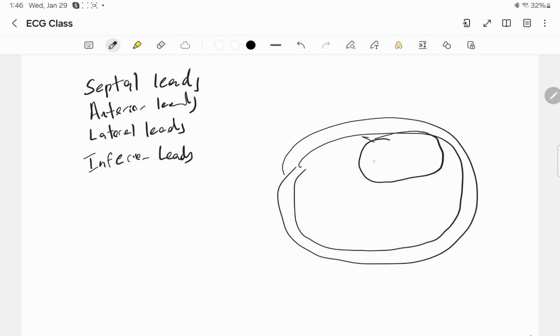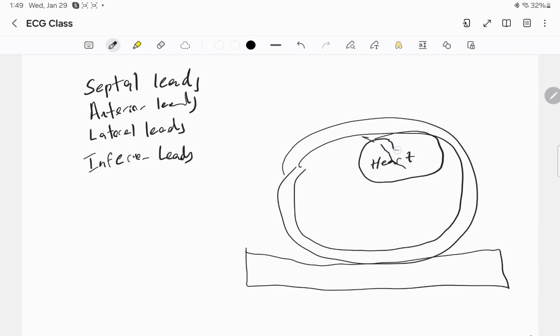But this is my heart, and I'm lying flat on my back on a table. Let's say the septum is somewhere here, just for argument's sake. It's not an anatomically accurate heart, for all of those people laughing at my heart diagram.